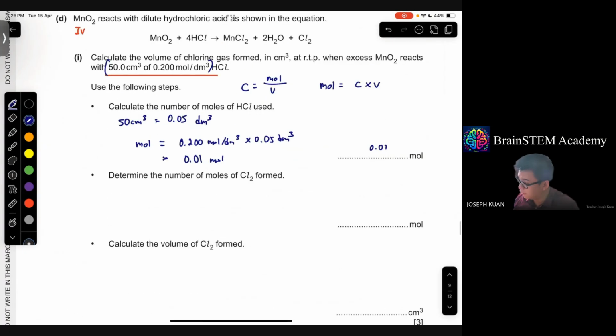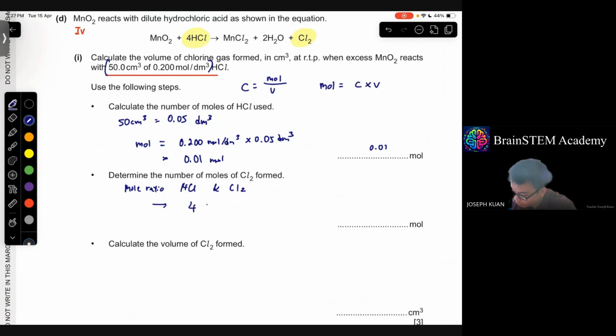Next, determine the number of moles of chlorine formed. Looking at the equation, we see that for every 4 moles of hydrochloric acid, it forms 1 mole of chlorine. So according to the mole ratio between HCl and Cl2, they are reacting in a 4:1 ratio. This is given from the equation.